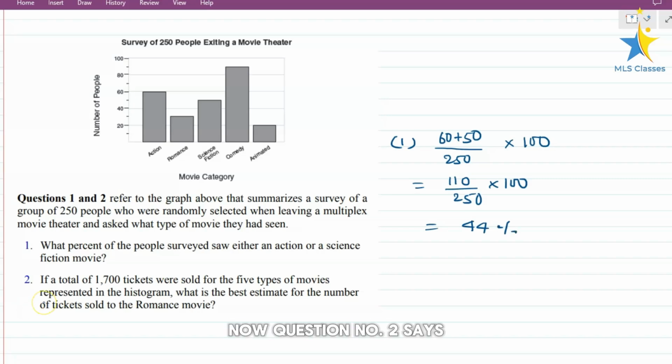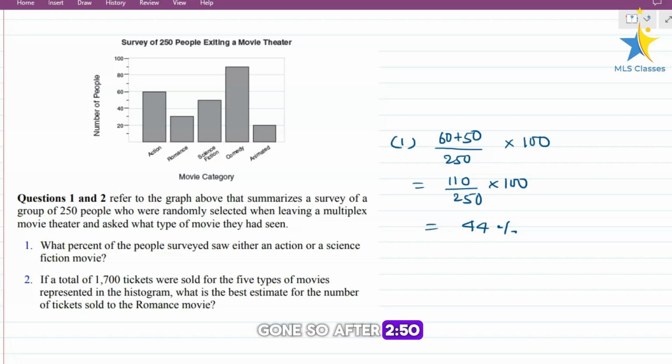Now question number 2 says, if a total of 1700 tickets were sold for the 5 types of movies represented in the histogram, what is the best estimate for the number of tickets sold for the romance movie? As you can see here, for the romance movie 30 people have gone.